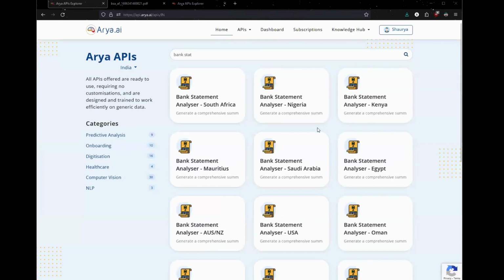So here you can try out your Nigerian bank statements. It is the same way of uploading your bank statements. Just make sure that you upload it in Bank Statement Analyzer Nigeria. And if you have any issues or any queries regarding the same, feel free to send us an email, and we'll help you with that as well.